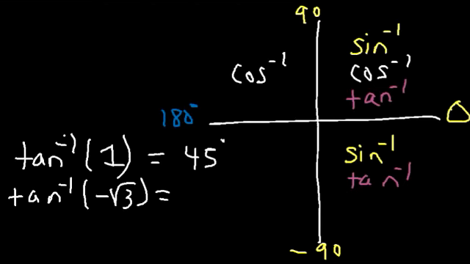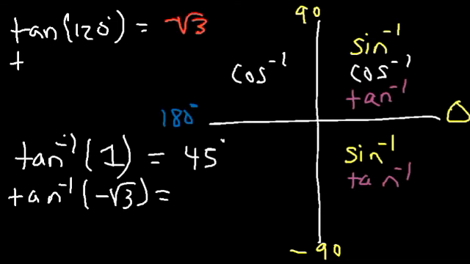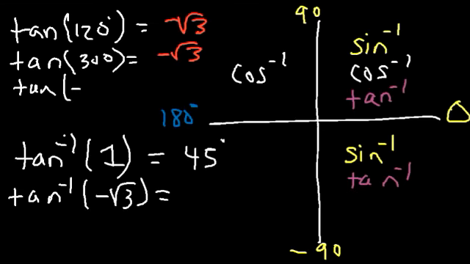So tangent is negative in quadrants 2 and 4. Tan 120 is negative root 3. And tan of 300 is also negative root 3. And also tan negative 60 is also negative root 3.